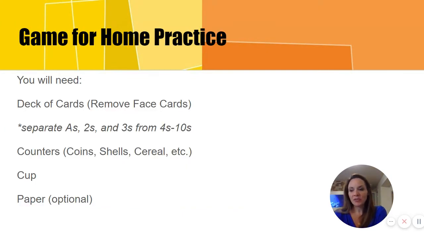Here's a game that you can play at home to practice counting on. For this game, you will need a deck of playing cards, a cup, and something to count with. I've got some small pebbles here, but you may have coins or small toys or cereal even. You want to separate your deck of cards into 2 piles.